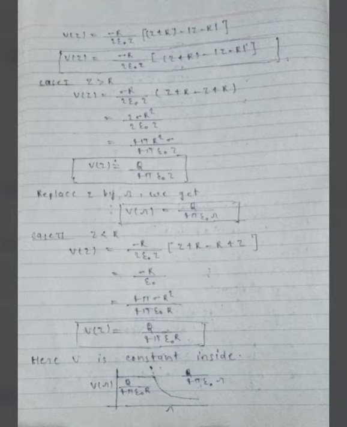This should be little smoother because this blows up like this, and this value is constant, which is q over 4 pi epsilon 0 r. You can see potential inside is constant and therefore its gradient is going to be 0. The field inside, therefore, is 0 and then goes as 1 over r square outside.